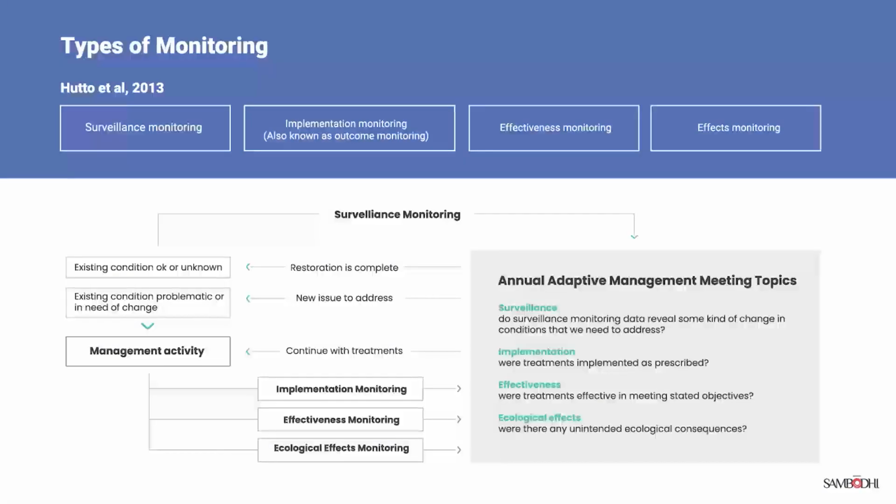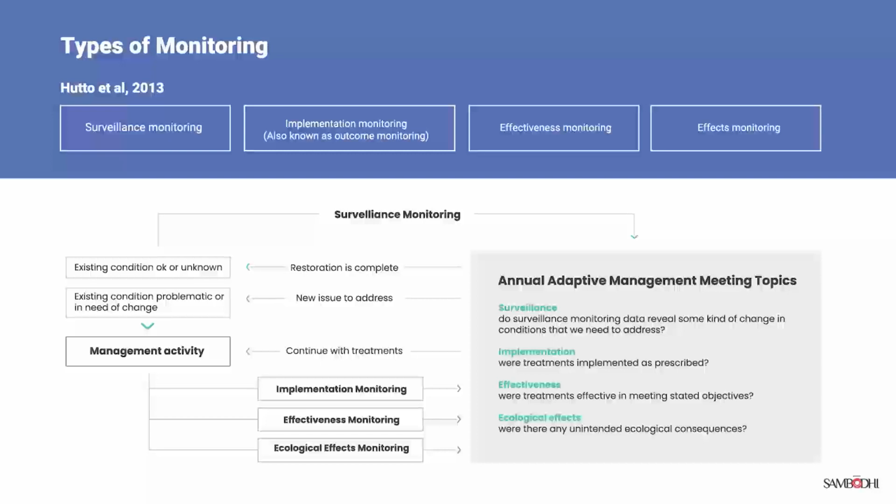The 4 types of monitoring can be understood with the help of the diagram below, which explains the nature of questions involved in each type of monitoring and how it can fit into a broader adaptive management loop. If land management agencies are intending to conduct adaptive management, they will fund and seek partnerships to conduct each of the 4 types of monitoring as mentioned above.